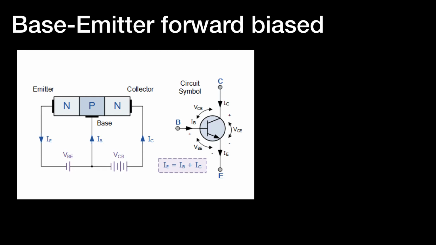And here we have an additional equation, IE equals IB plus IC, or the current flowing through the emitter is equal to the base current plus the collector current. Now, that is just really an expression of Kirchhoff's law, which we've covered in an earlier video.